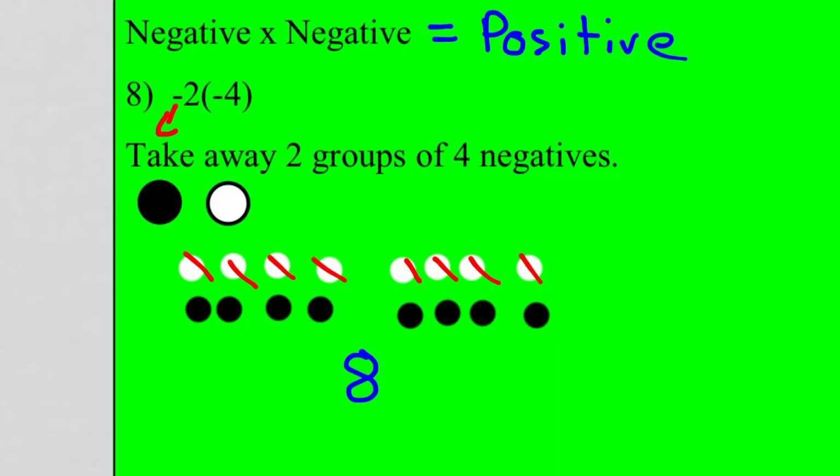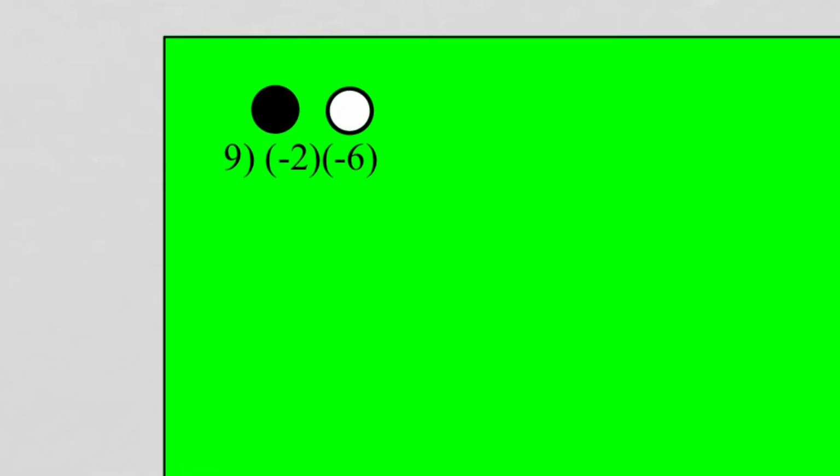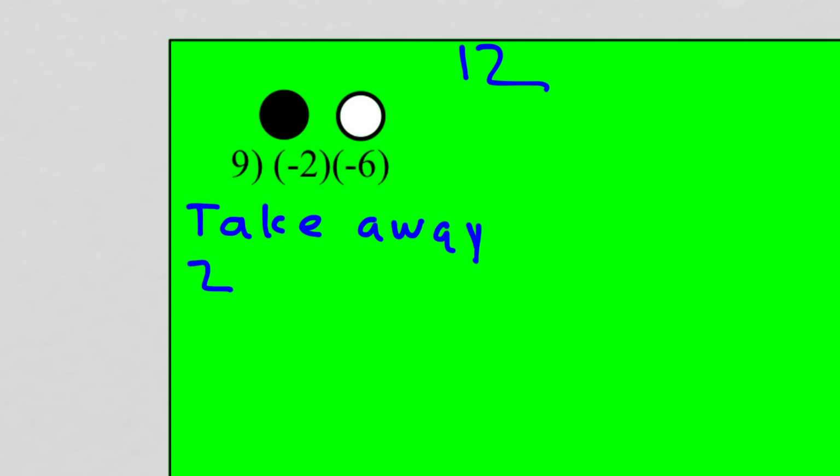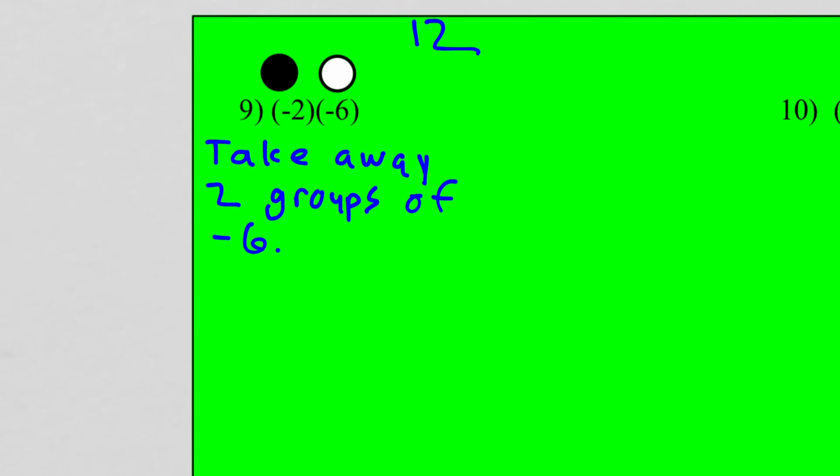Let's explore that further. -2 times -6. Well, I'm going to tell you, the answer is +12. And it means take away 2 groups of -6. Okay, well, let's start with -6, but I'm not taking them away, I'm adding them.